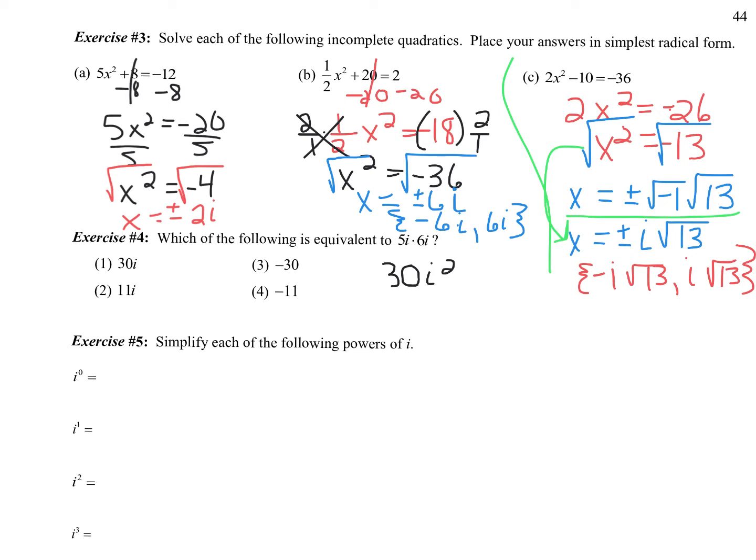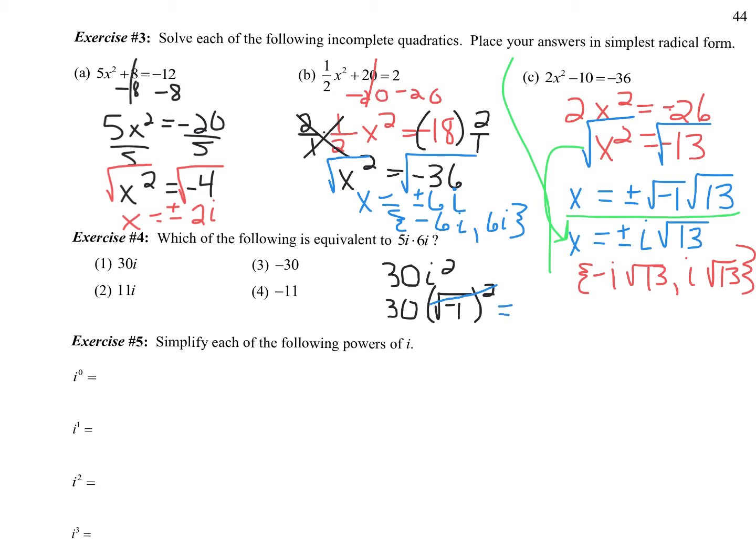We said it acts like a variable, but once we get to exponents, we have to think a little more about the definition. So I'm just going to rewrite my 30 in the same color. So one way we can think about it is that definition of i. So i is the square root of negative 1. And if I have a square root squared, if I do the square root of 3 squared, that radical just cancels.